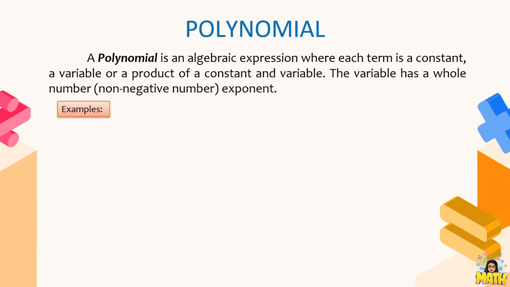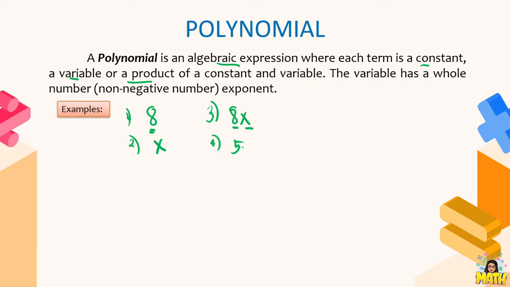These are simply algebraic expressions. That means we can have 8 considered already as a polynomial. This one is a constant term. So we can also have a variable x. This is a term or a variable only. So polynomial na rin yan. And then we can have 8x, which is a product of constant and a variable.